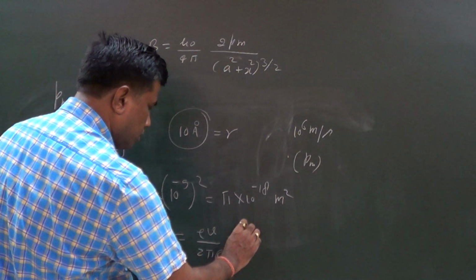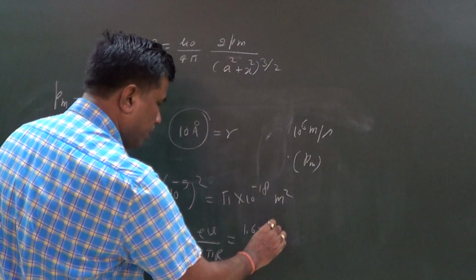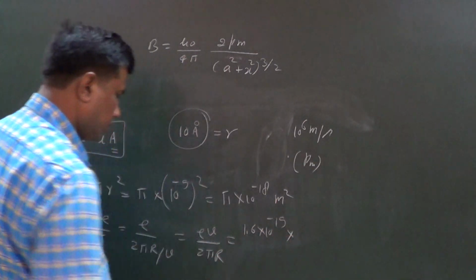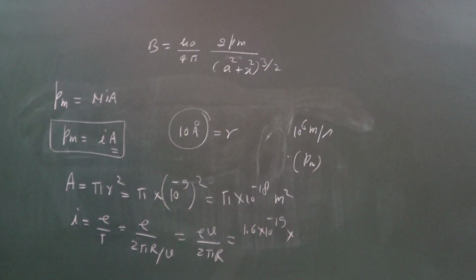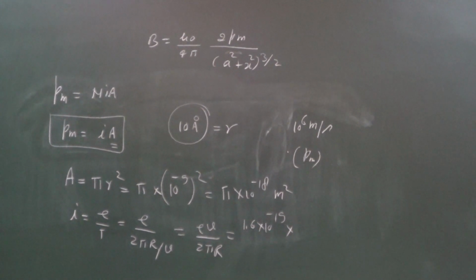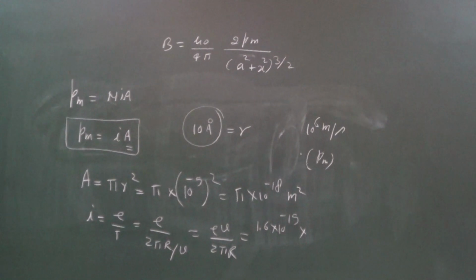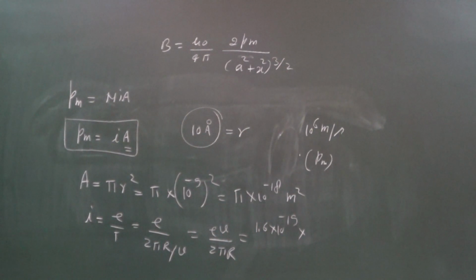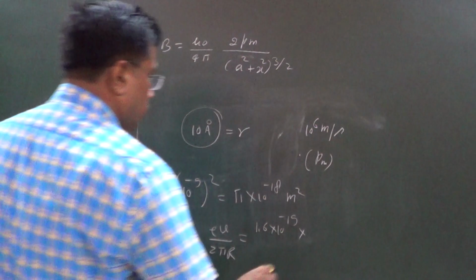The value of e is 1.6 into 10 to the power minus 19. The speed is 10 to the power 6.